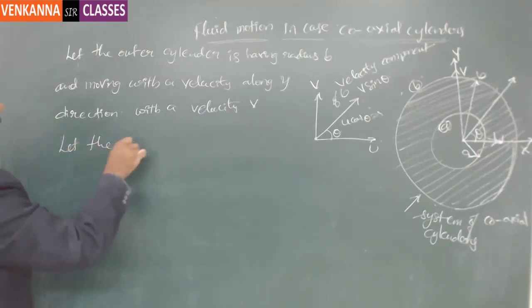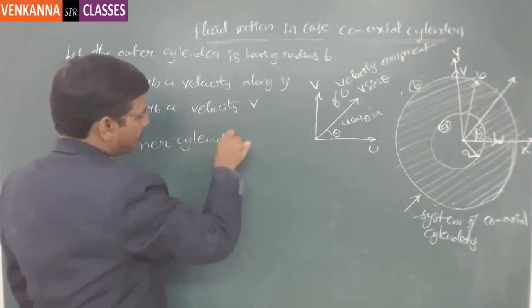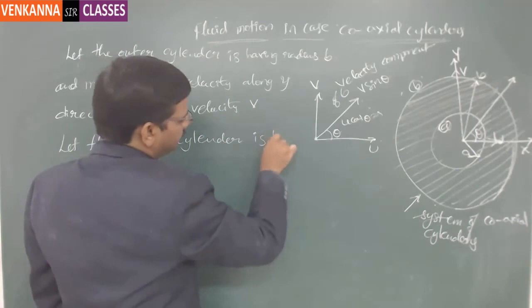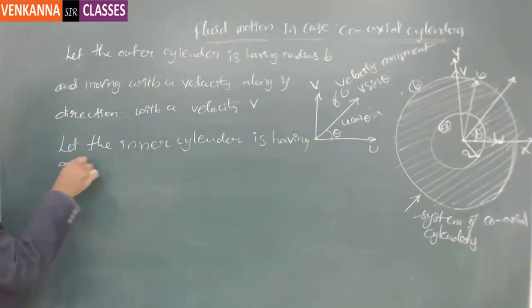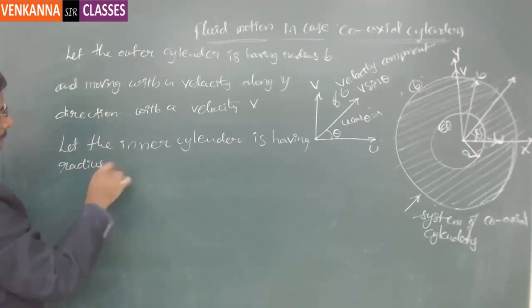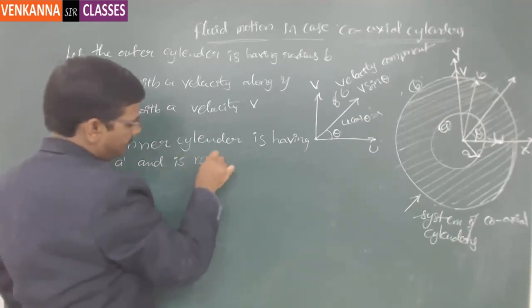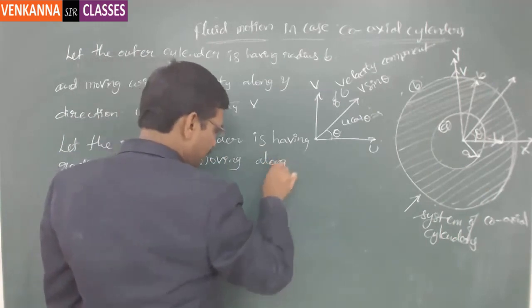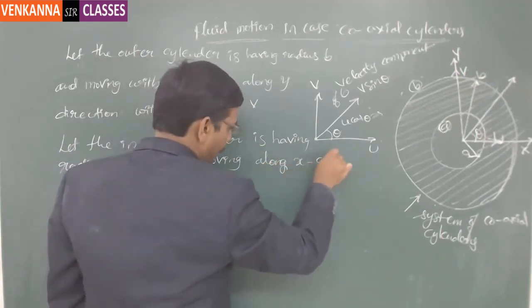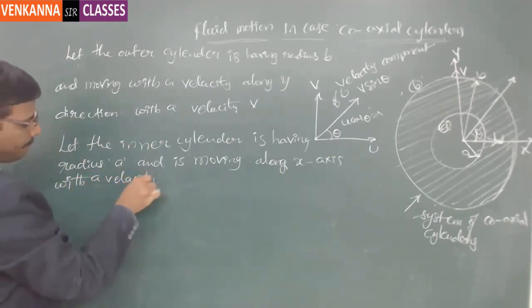Let the inner cylinder have radius A and be moving along the x-axis with a velocity u.